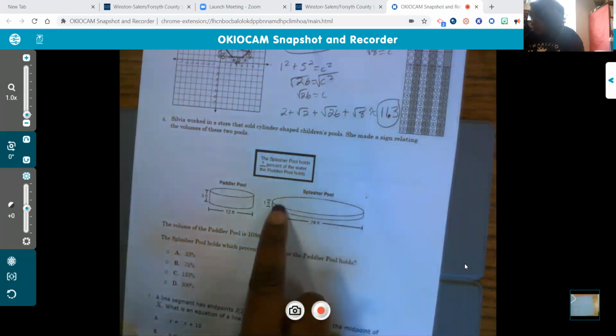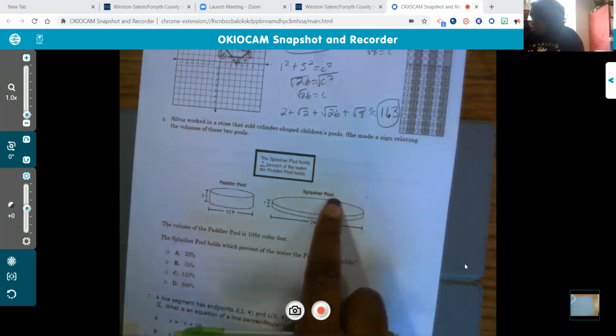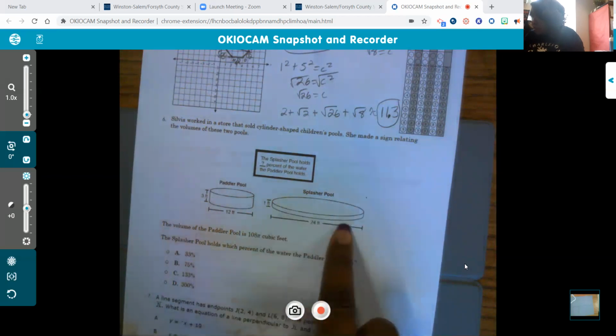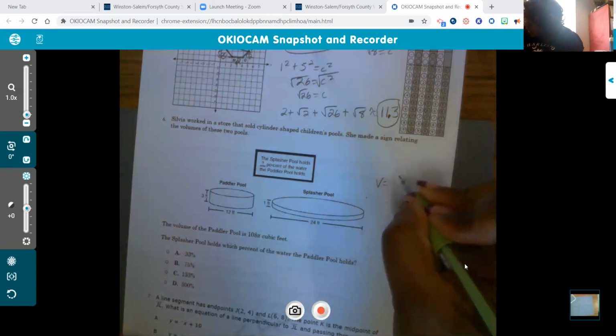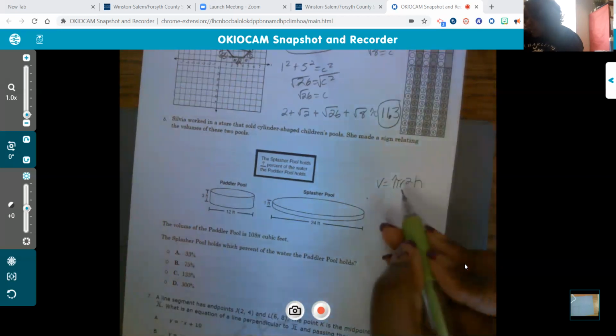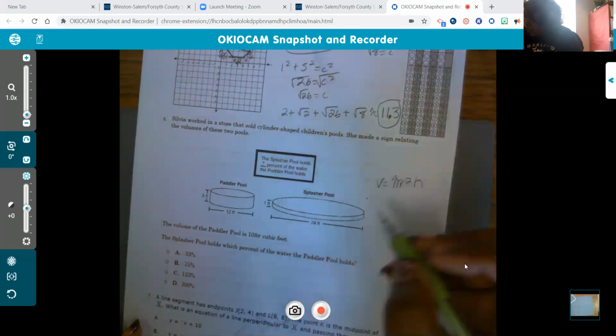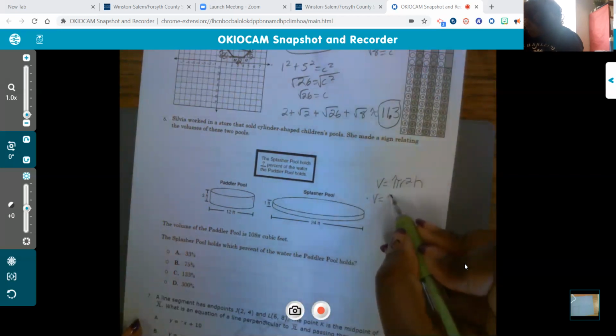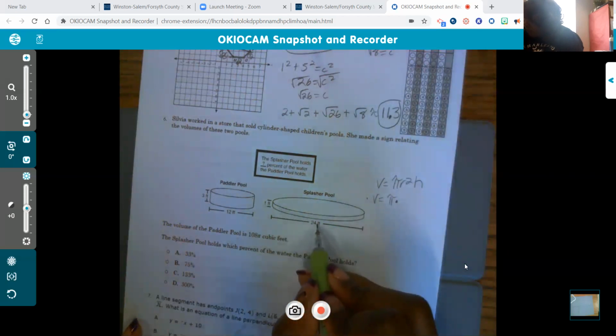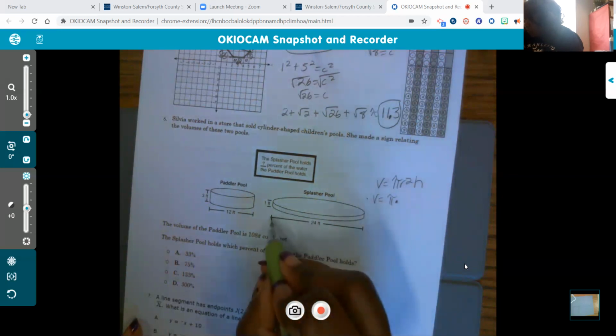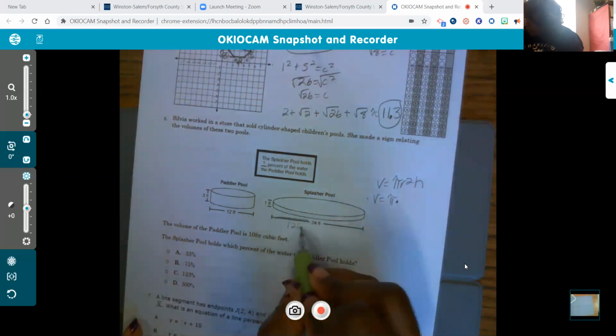So let's figure out what the volume of this is. Remember, the volume of a cylinder is pi r squared times the height. And they didn't multiply pi, so we're not going to multiply pi, but we're going to multiply everything else. So we got pi times your radius, which is half of the diameter, half of 24 is 12. So from here to here, it's going to be 12 feet.